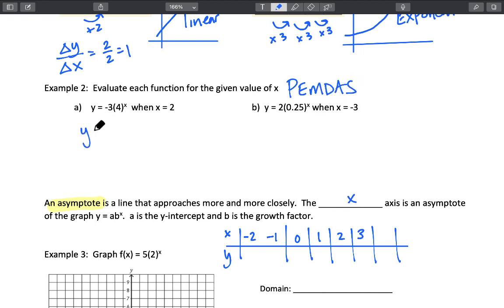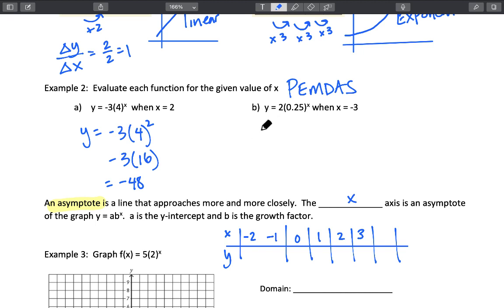So we want to evaluate negative 3 times 4 to the second power, which means we first need to evaluate 4 squared, which is 16, and now negative 3 times 16, which is negative 48. A common error people make is by multiplying negative 3 by 4 to get negative 12, and then squaring negative 12, which would result in 144, and that's quite a bit different than negative 48.